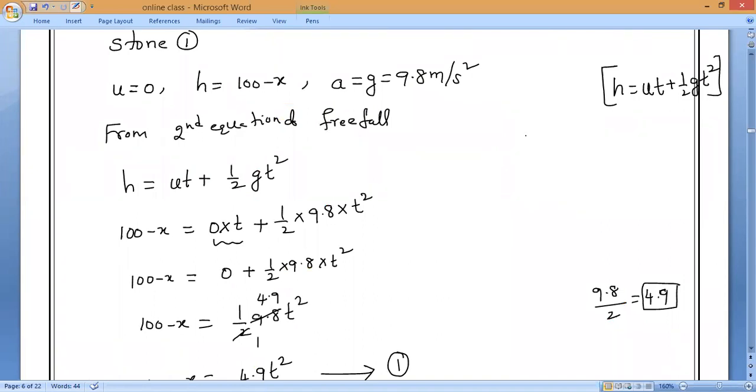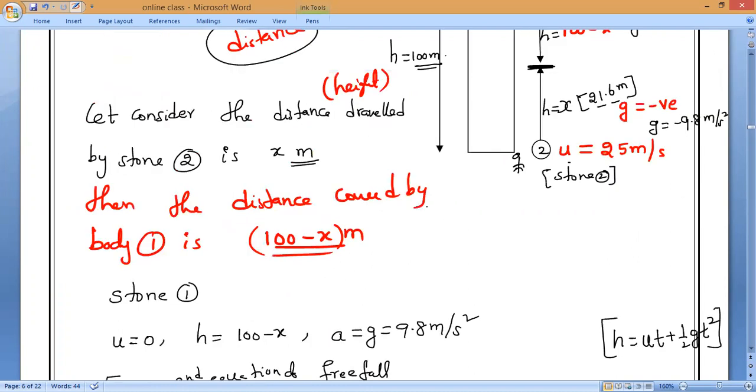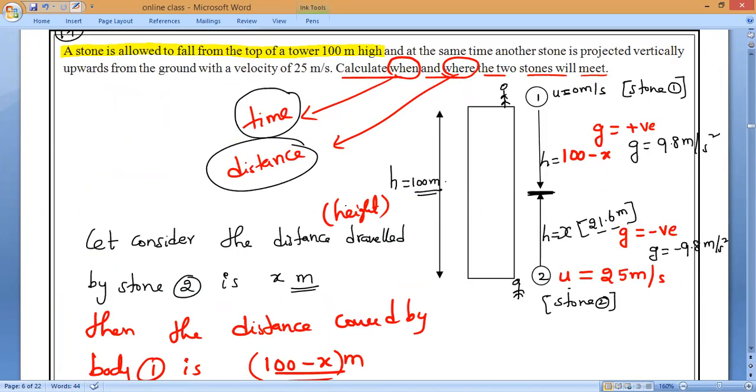The answer will come the same. That is what I'm saying. It is our convenience. So your choice, whatever you assume. See guys, Mitaksri is saying she already solved. If you assume body 1 is x, then body 2 is 100 minus x. You will still get the same answers only. So both bodies will meet 21.6 meters above the ground.